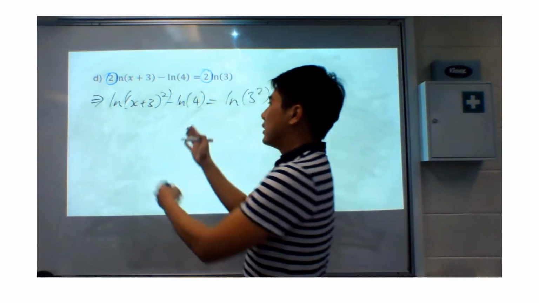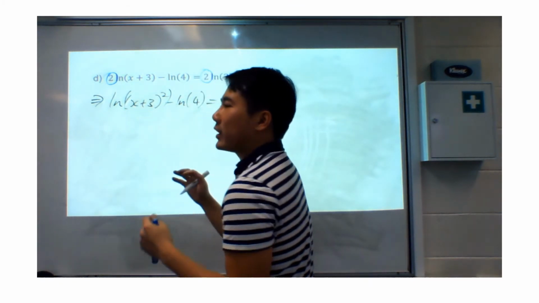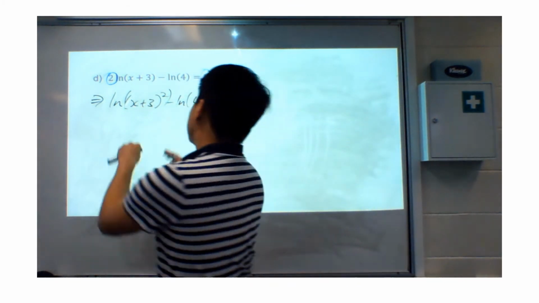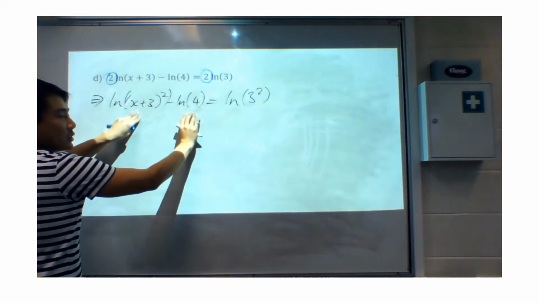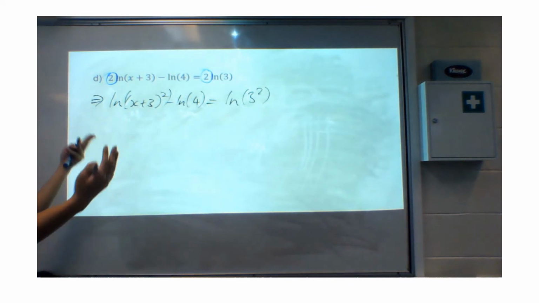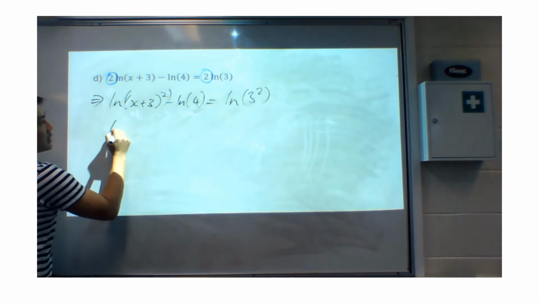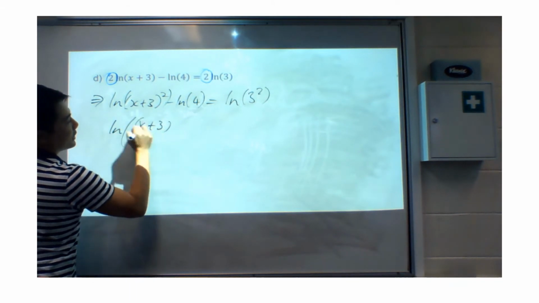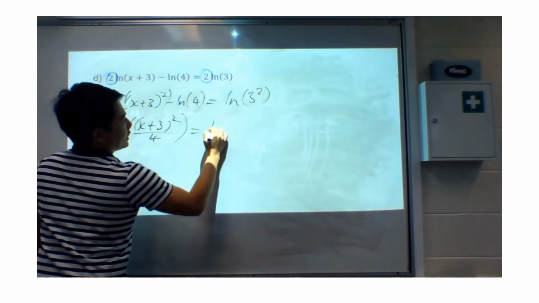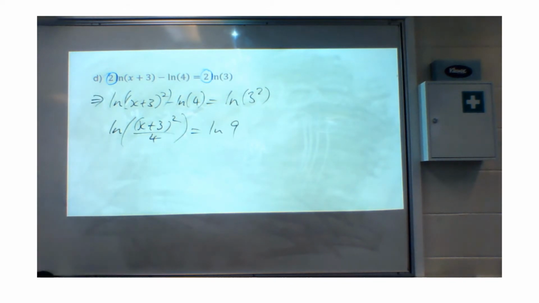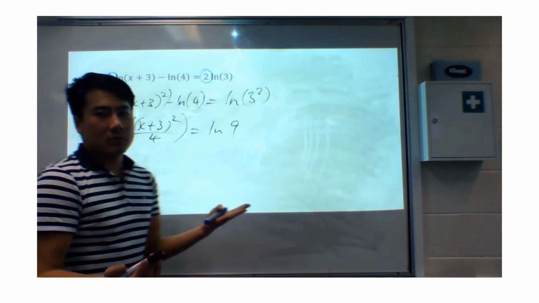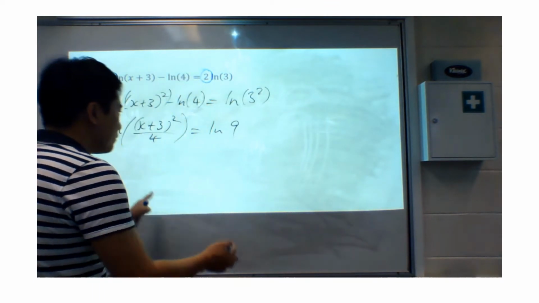Next, now it is becoming more and more obvious what we can do next. I'm minusing 2 logs, same base, turn it into division. ln of x plus 3 squared over 4 equals to ln 9. Okay, next step, that's the easy part now.